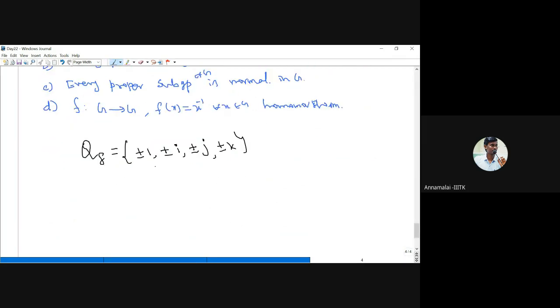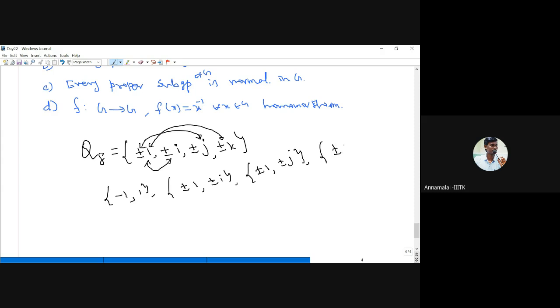The proper subgroups are: minus 1, plus 1, this is one proper subgroup; plus or minus 1 and plus or minus I is another; plus or minus 1 and plus or minus J is another; and plus or minus 1 and plus or minus K.